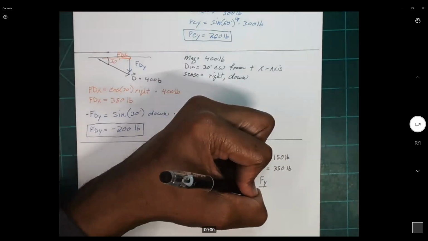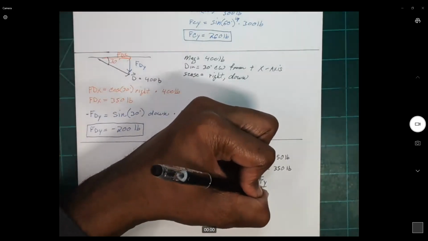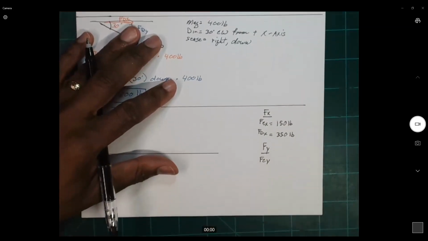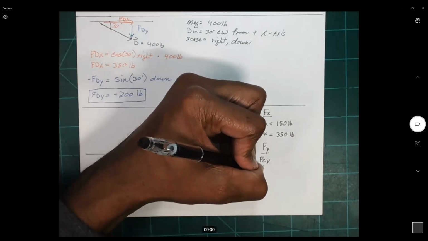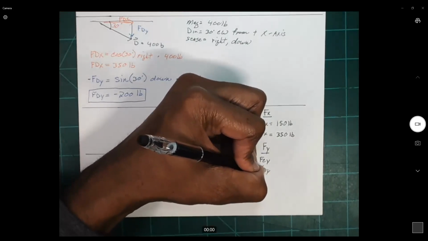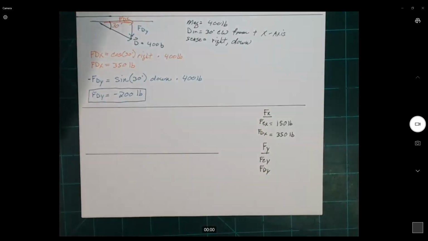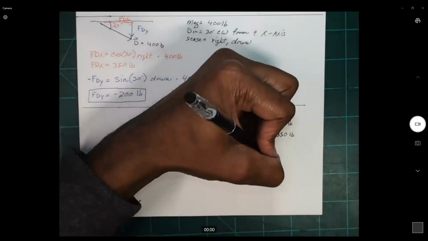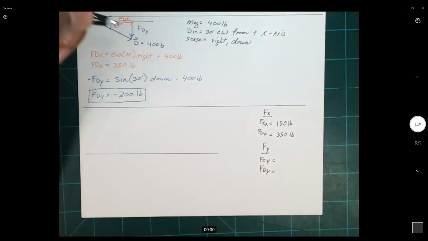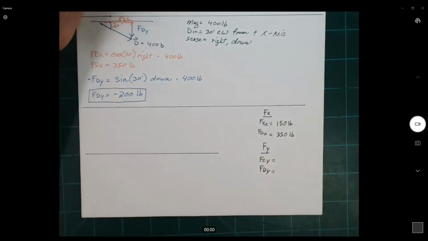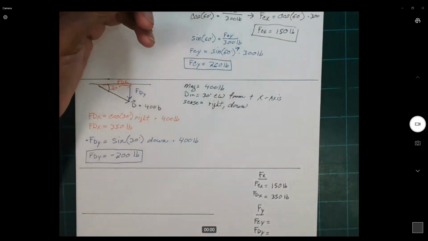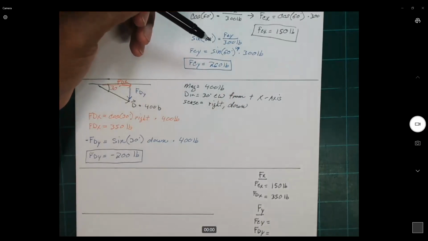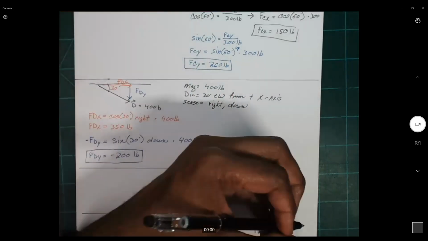Okay, so we have Fcy, we have Fdy. Fcy, bring it back to the camera, equals 260 pounds.